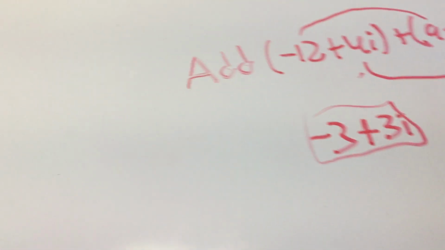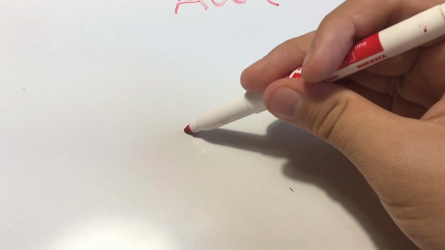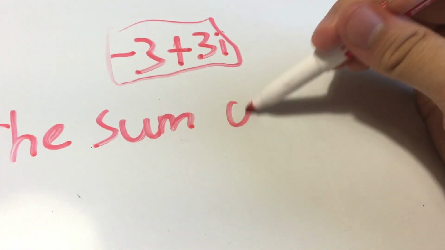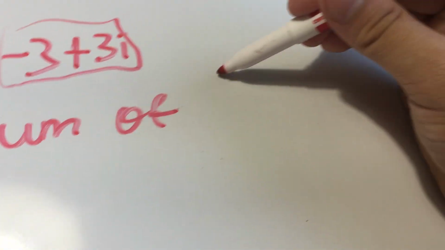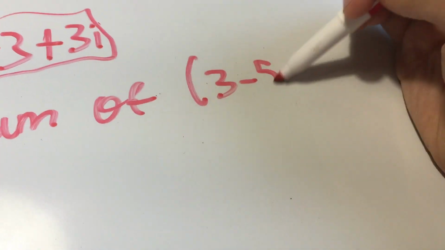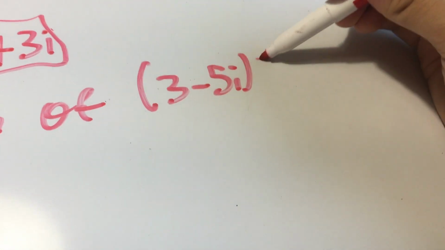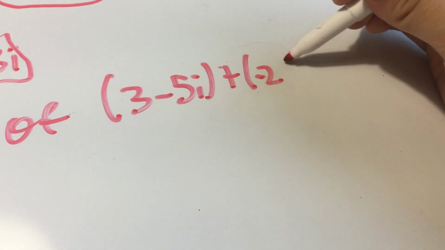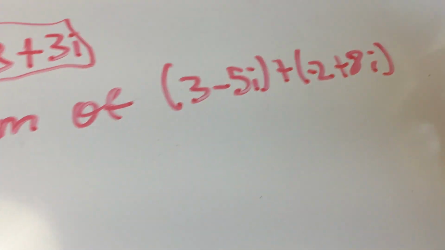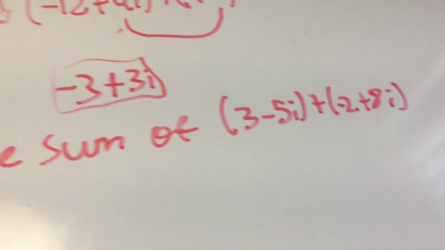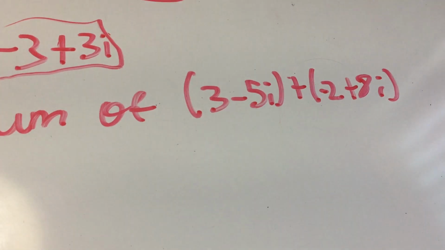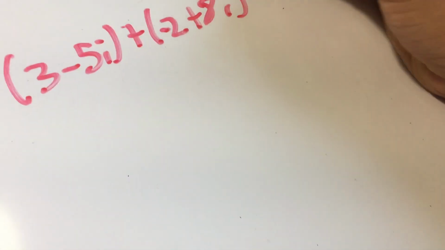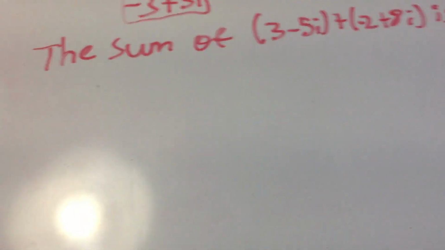Okay, how about, what if they say the sum of 3 minus 5i plus -2 plus 8i. The sum of 3 minus 5i plus -2 plus 8i is, so what do we do?